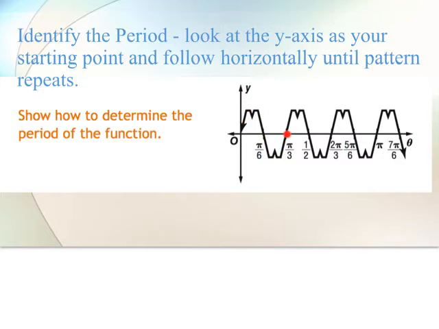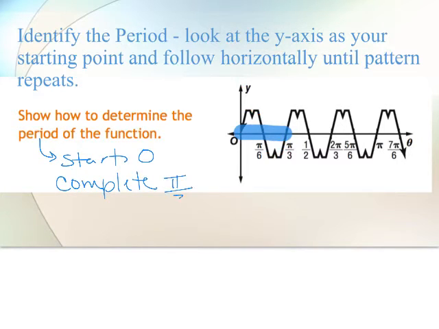So my period starts at 0, and I complete my period or cycle at pi over 3.